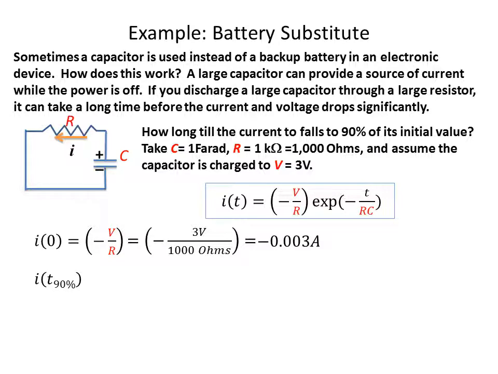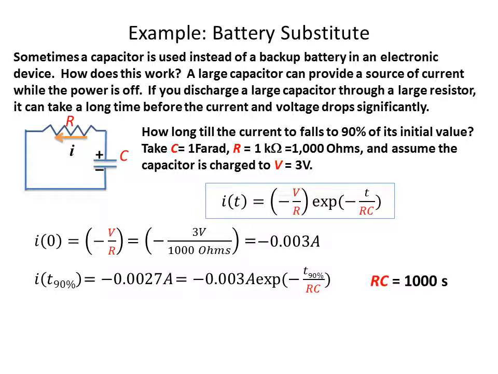At a time when the current has fallen to 90% of its original value, that means the current is equal to minus 0.0027 amps, which we got by multiplying 0.003 times 0.9, 90%. Or this also can be written as minus 0.003 amps times the decaying exponential at the time t sub 90% divided by RC.